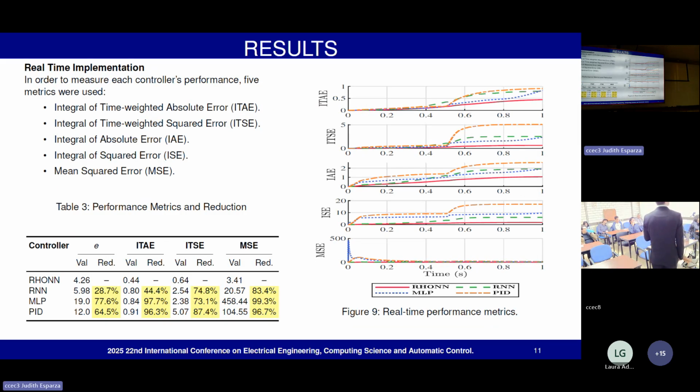In order to measure each controller's performance, we use 5 metrics: ITAE, ITSE, IAE, ESE, and MSE.